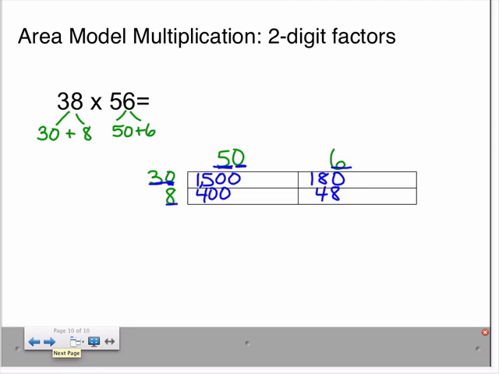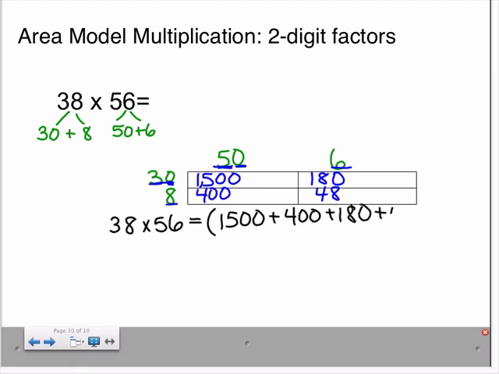Now that I have my partial products set up, I'm ready to show that to find 38 times 56, I will combine all 4 partial products. 1,500 plus 400 plus 180 plus 48 will give me my final answer.